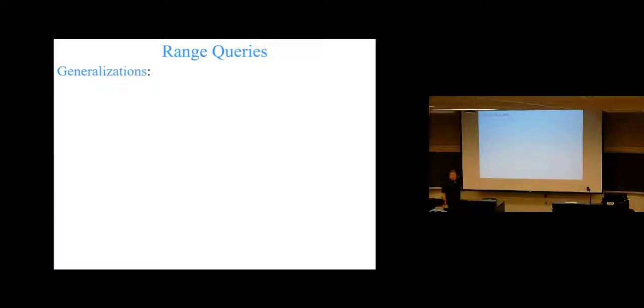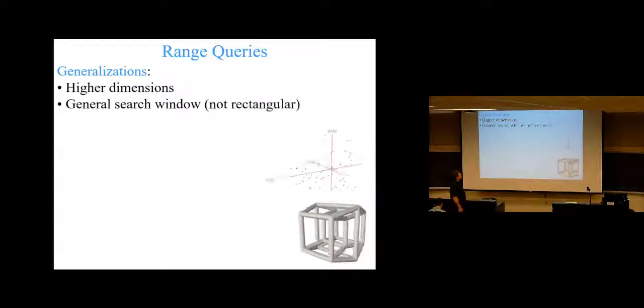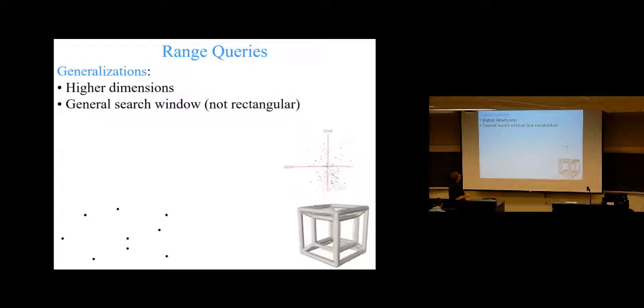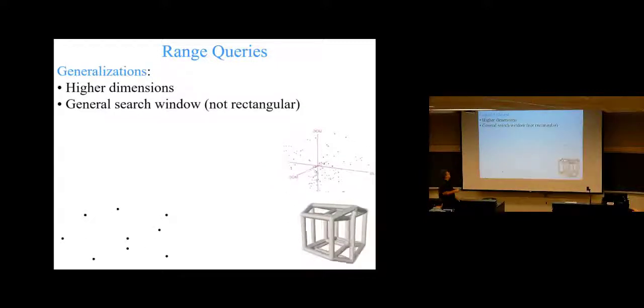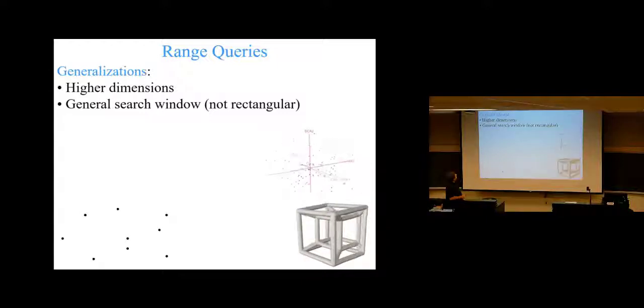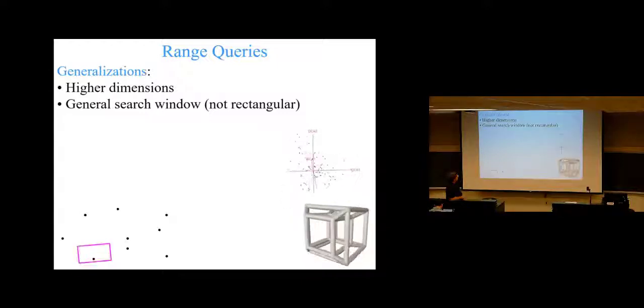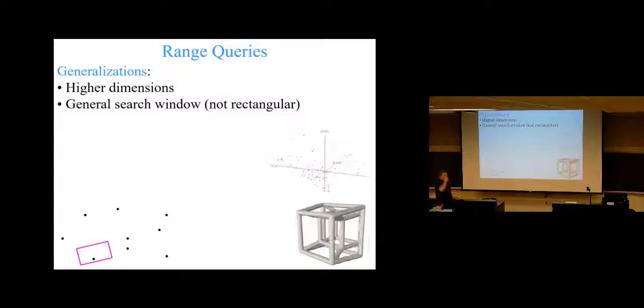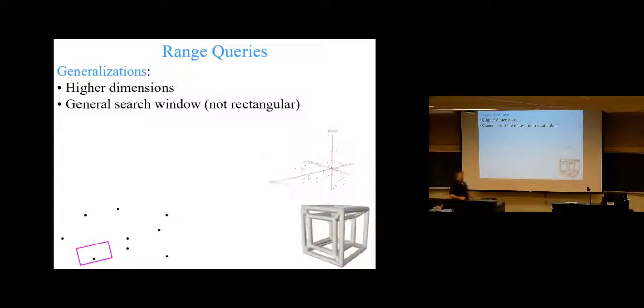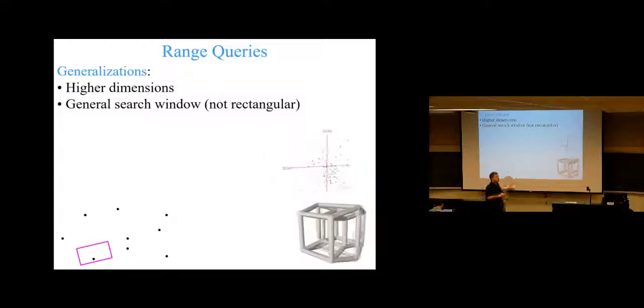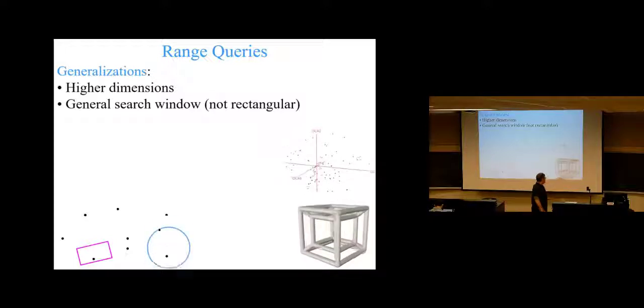Now, there's all sorts of generalizations you can do on this kind of problem and solution. We mentioned you can already do it in higher dimensions. And the general search window doesn't have to be rectangular, and even if it's rectangular, its sides don't have to be parallel to the axis. It could be an arbitrarily angled rectangle, then it gets more tricky.